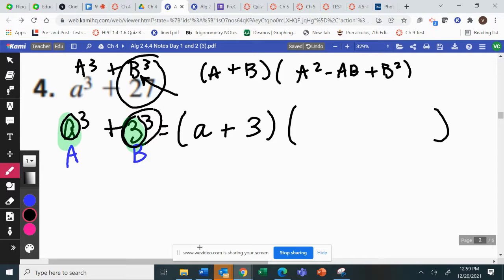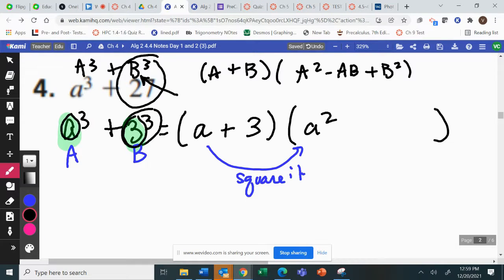What goes here? What's A? Lowercase a? Yeah. Okay. So then you need to take that to the second power. So we go here to here and you square it. So A squared.